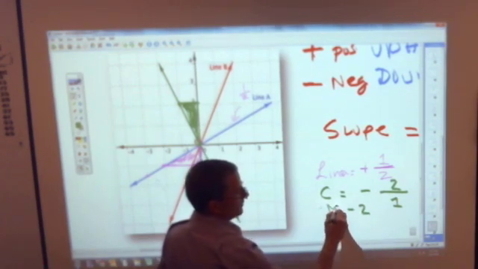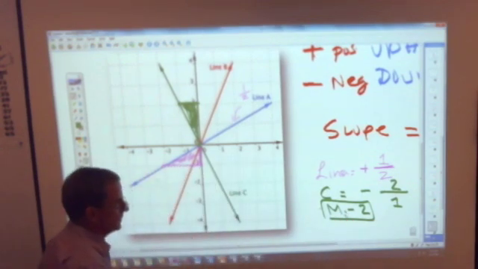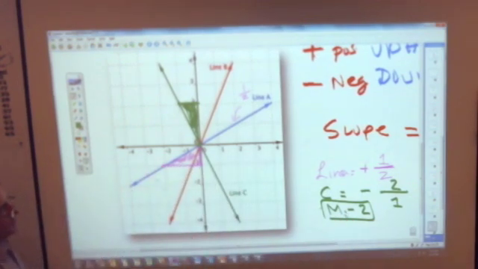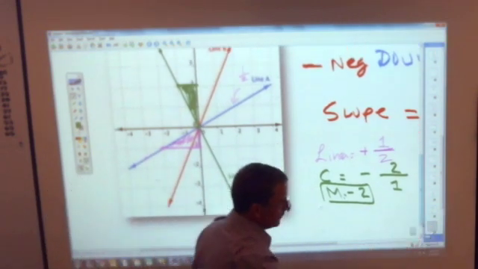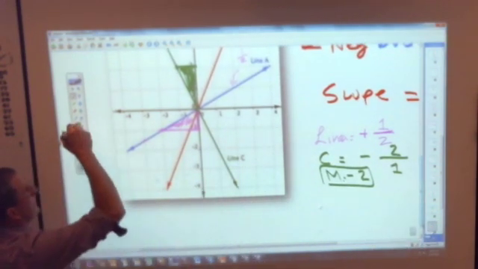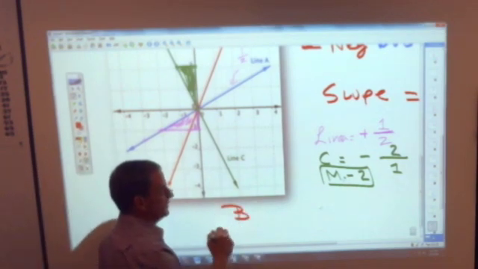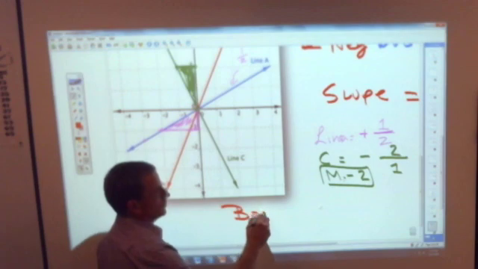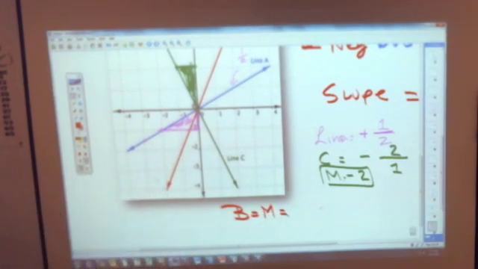By the way, in math, slope, for some reason we use the letter L. That's neither here nor there. You right now tell me what you think the slope of line B is. It doesn't really take that long to figure out if we get rid of that. B slope equals, tell me what you think the slope of line B is.